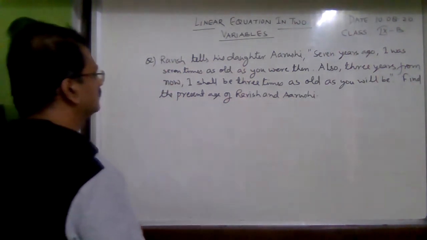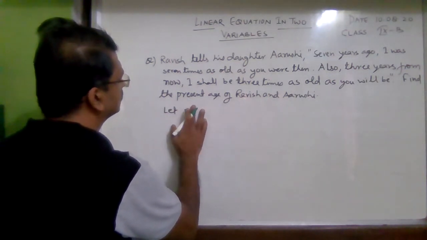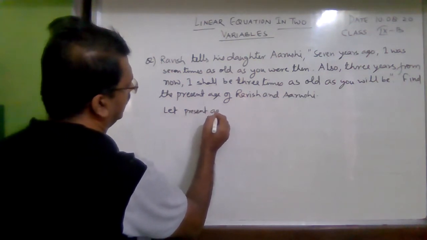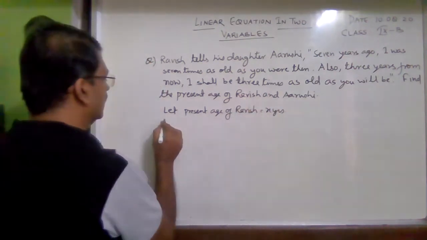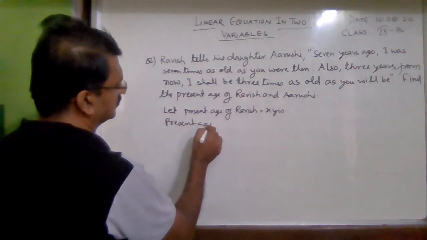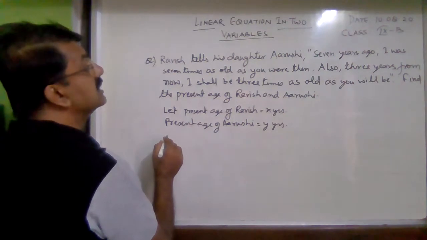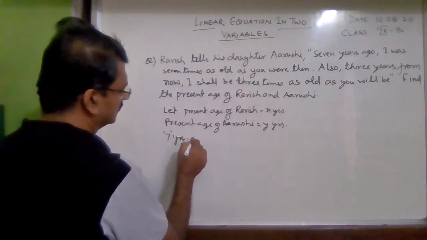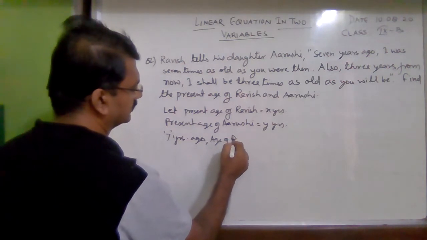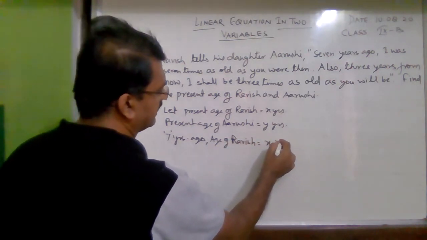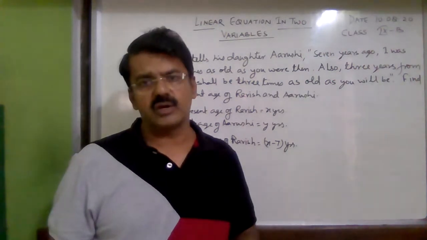Okay, so first of all, let the present age of Ravish be x years, and the present age of Arushi be y years. 7 years ago, the age of Ravish is x minus 7, because to find anyone's age 7 years ago you simply subtract 7 from his or her present age.